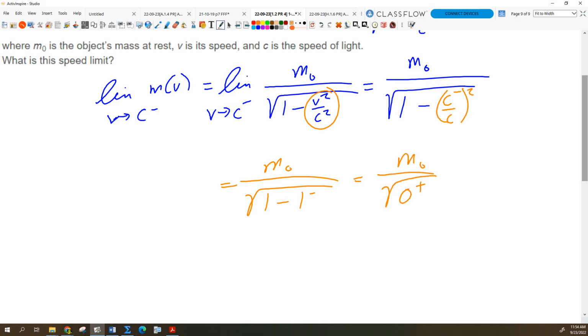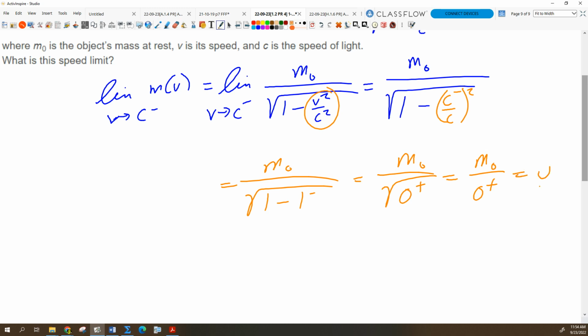What's the square root of 0 plus? Everybody agree? Square root of a very small positive number is a very small positive number. So what's a positive constant divided by a vanishingly small positive number?